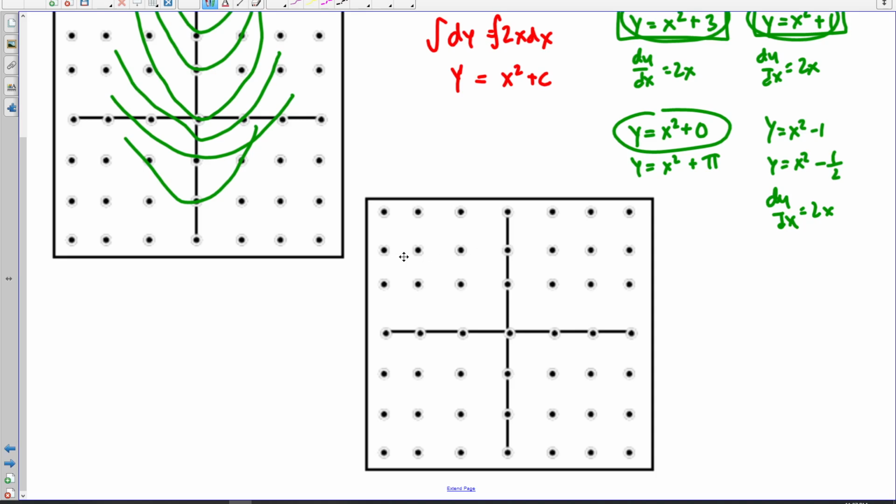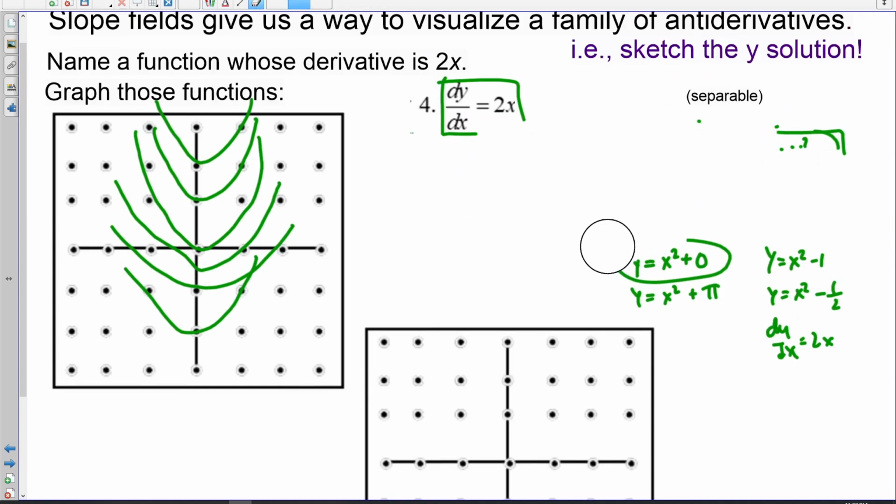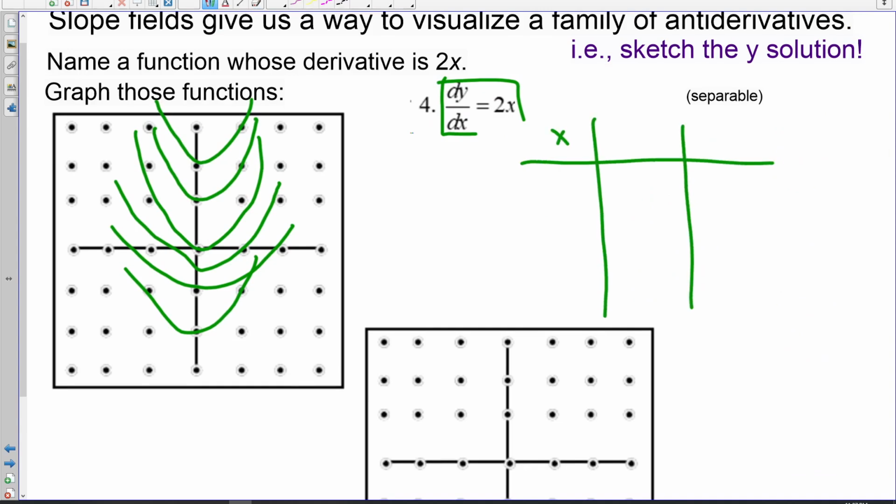So how we draw a slope field is we start with a little t-chart. On the left side you have x, then you have y, then you have dy dx. It's just like a t-chart with x's and y's, but now you have 3 columns, and you pick a point. So let me draw the slope field over here.